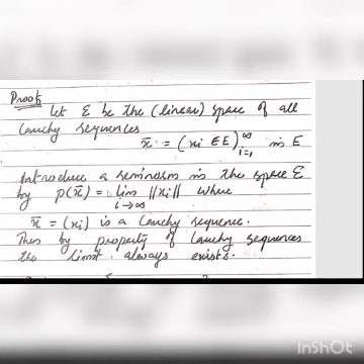Now take its kernel. Define N equal to the set of x bar such that p of x bar is equal to 0. Now this N is a subspace of all sequences which converge to 0.